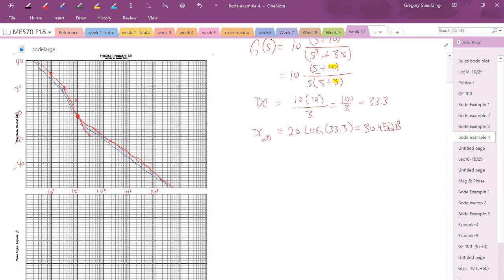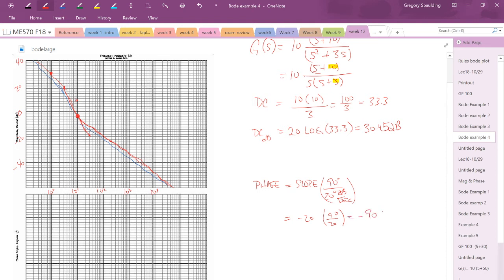Now, thinking about the phase, the phase is a function of the slope of the magnitude. It's going to be the slope times 90 degrees divided by 20 dB per decade. In the first case, we've got minus 20 dB per decade times 90 divided by 20, so we end up at minus 90.